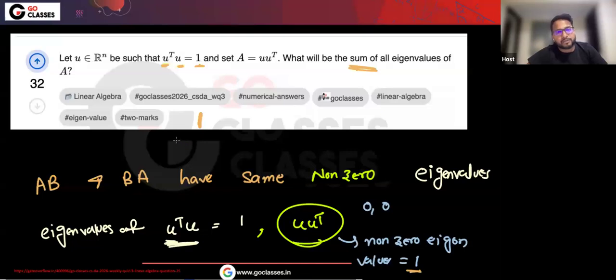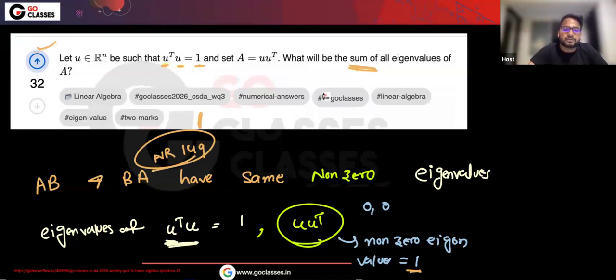He graduated recently from IISc. His rank was AIR 149, and he actually shared this question with me. At that moment, I decided to put this question in the weekly quiz or test series, in the GO Classes curriculum.